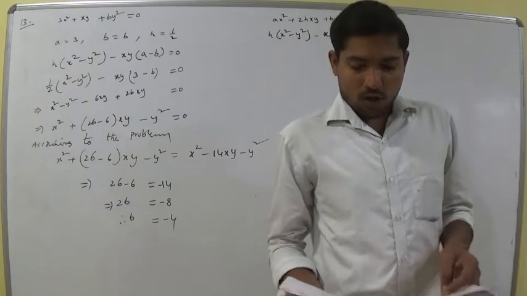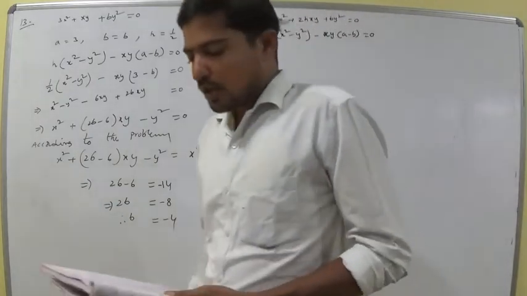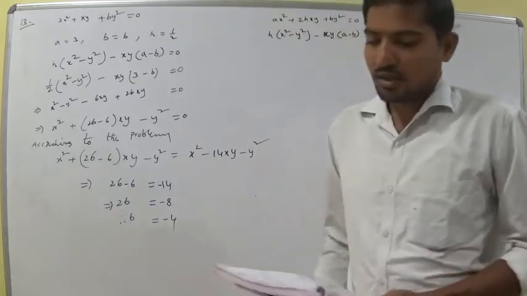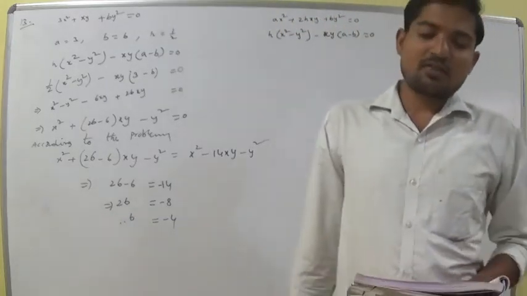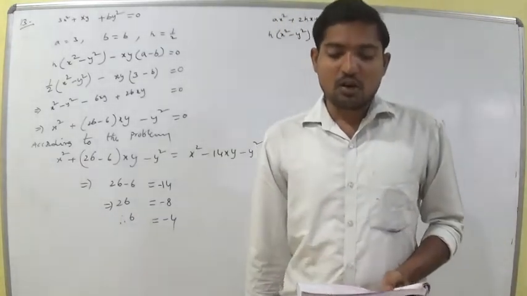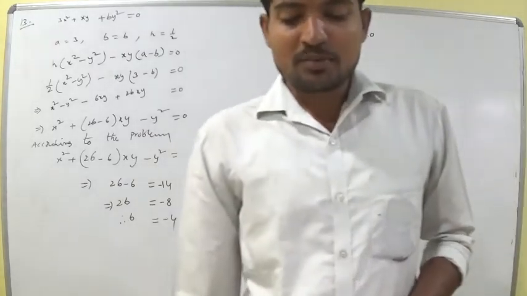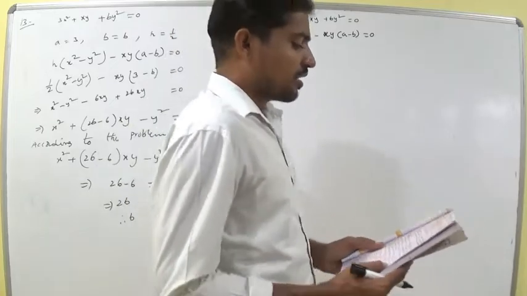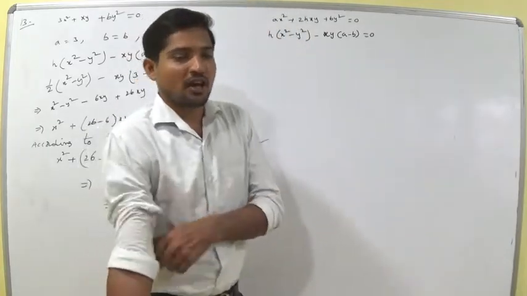Understand? So now the next one: the area of the triangle formed by the lines 3x square minus xy minus 8y square equal to 0 and the line 2x plus y minus k equal to 0 is 5 square units. Then find the value of k.